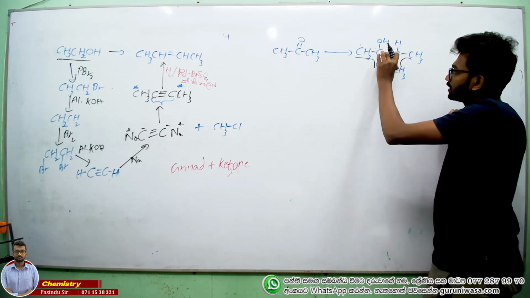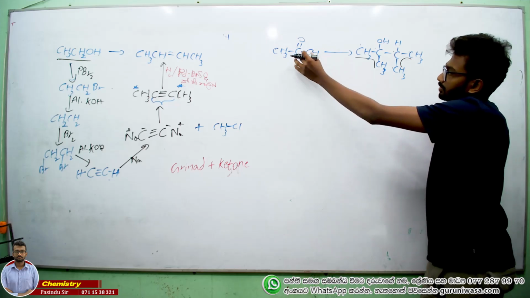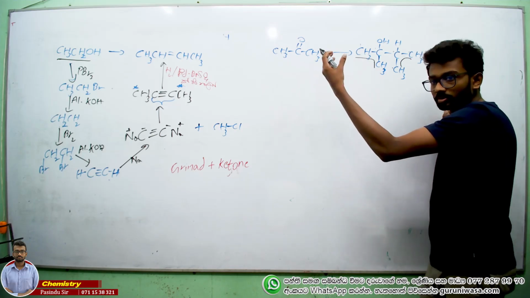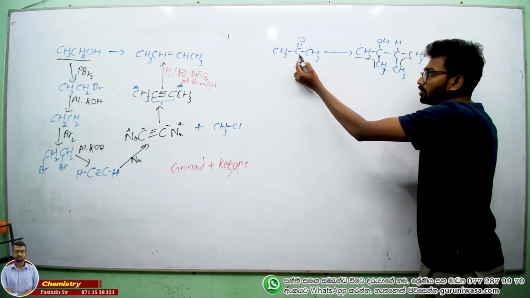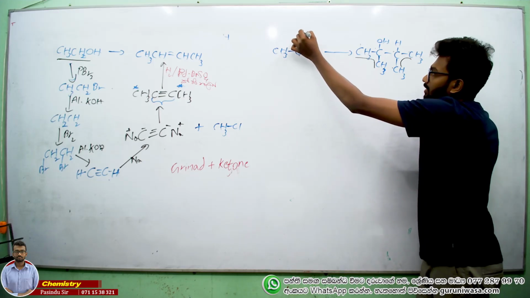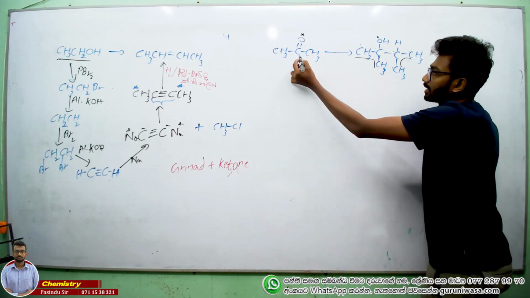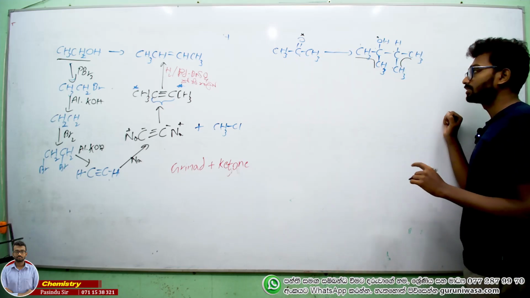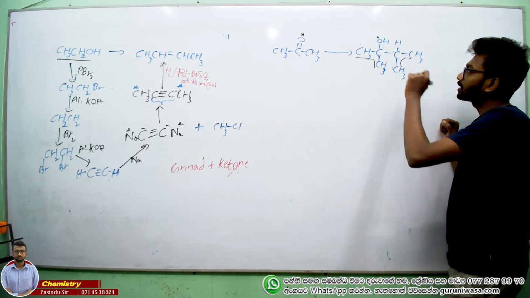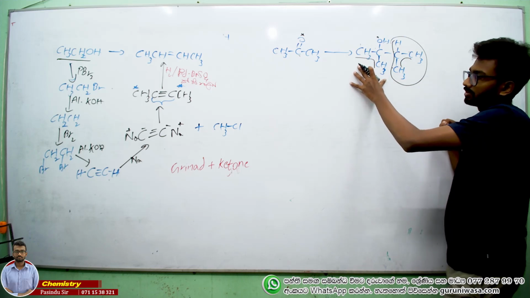Here it's one part and here it's another part, right? In this one also, the main group is bonded to the middle carbon. Here also the middle carbon, right? Actually, this is the carbon present in here. That means the Grignard attacks here, right? If it's like that, then what is the Grignard part? This one. This is the part of Grignard, and this is the part of ketone, right?